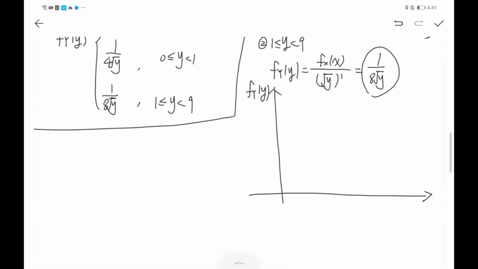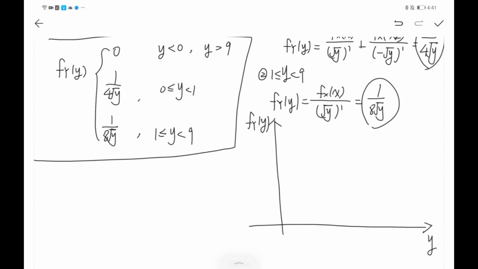This is y, with marks at 1 and 9. When y is 1, it's 1 over 4 root 1, and this is 1 over 8. When y is 9, it's 3 multiplied by 8, which is 1 over 24.